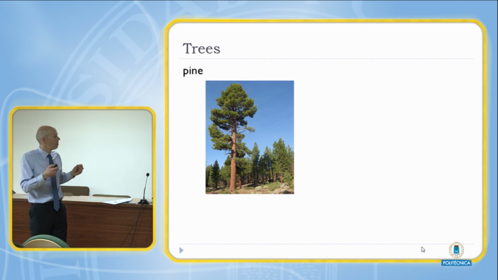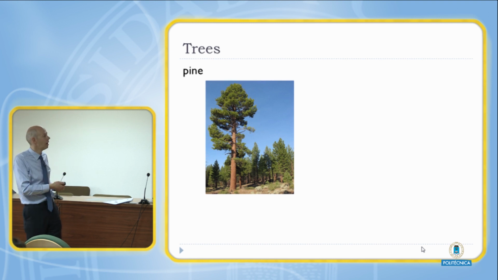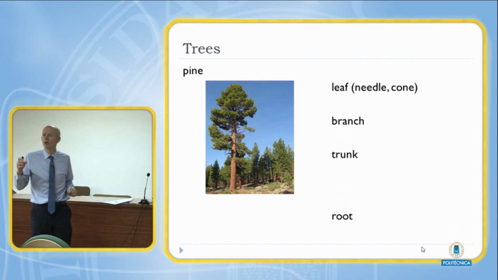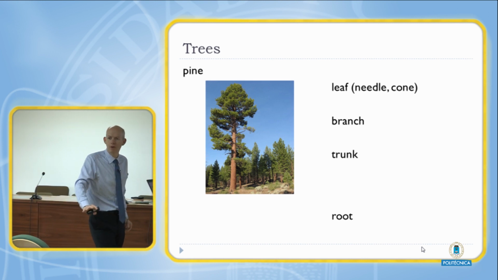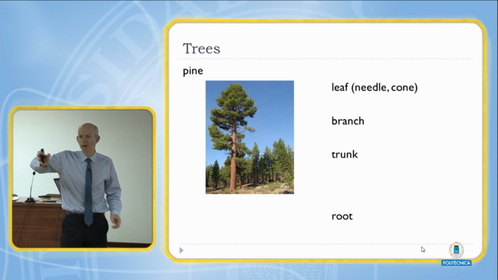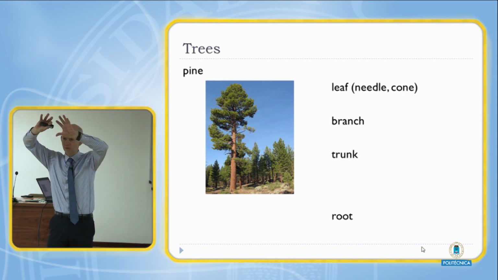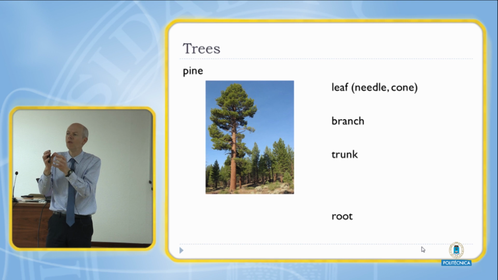And by identifying what a pine tree is and what it's not, it will give you some information and help you to remember it. So you can obviously look at the general characteristics of trees. Below the ground level you have the roots, and then you can imagine the trunk, and then you have the branches, and then you have the leaves. But pine trees don't have leaves, they have needles, and then they have cones.